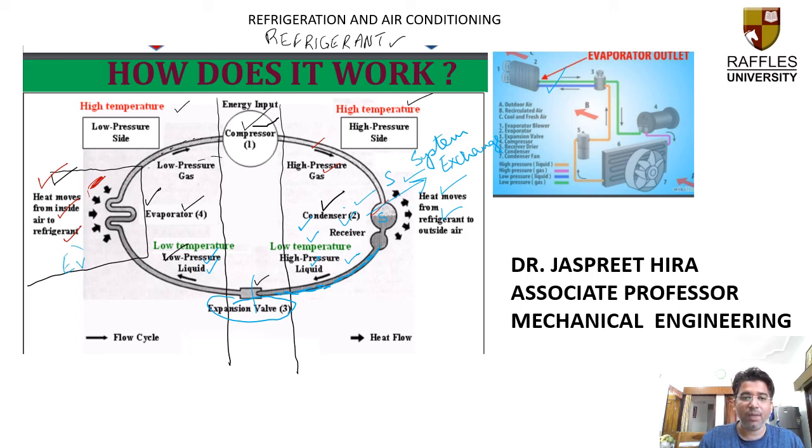The main work done is by the compressor, and the heat is taken from the system through the evaporator, and heat is given to the surroundings through the condenser. The expansion valve expands the refrigerant further, therefore lowering its temperature and pressure. So this is the basic principle or fundamental of a refrigeration system.